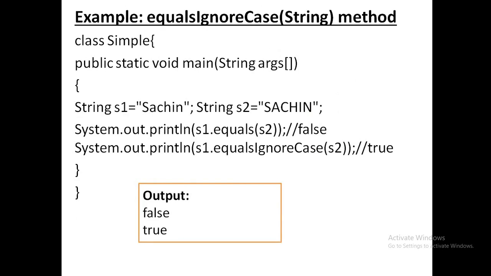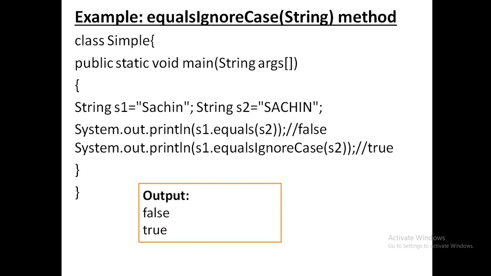In another example, where the equalsIgnoreCase method is called, we are comparing the strings s1 and s2, where both strings are stored with the same string content but in different cases.